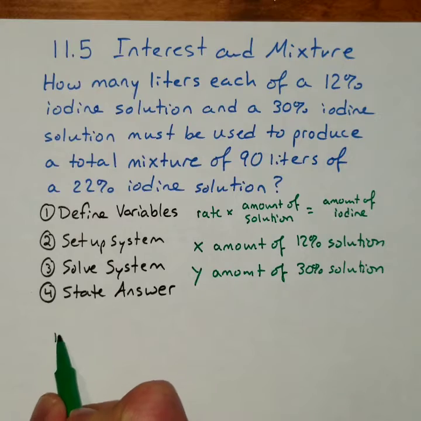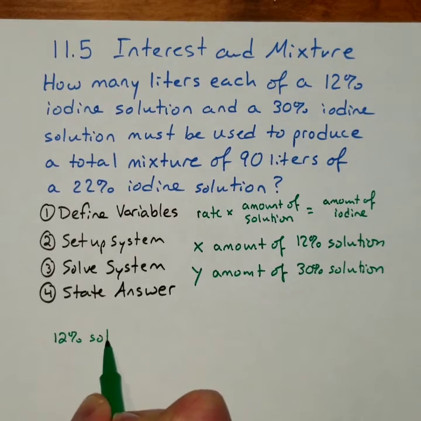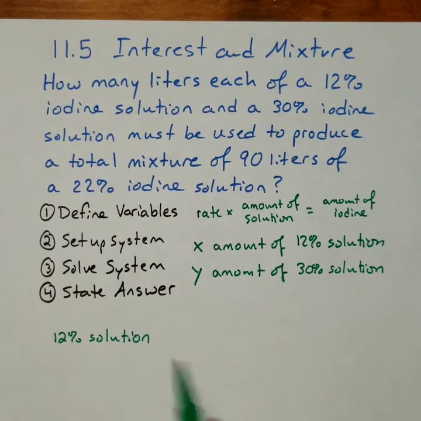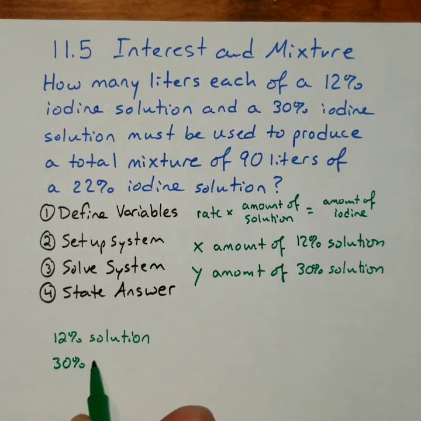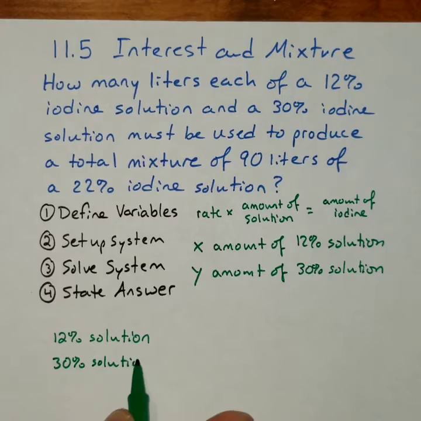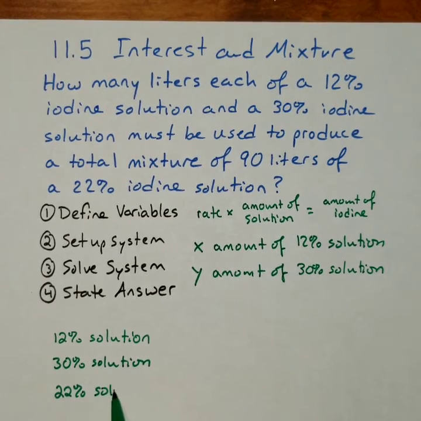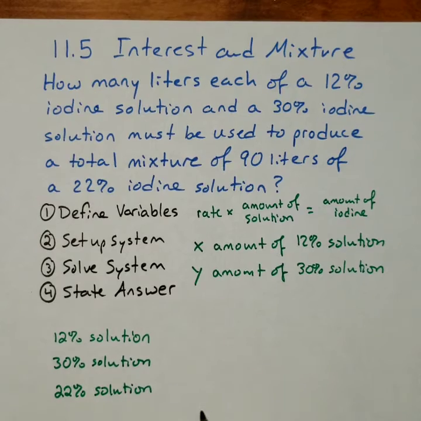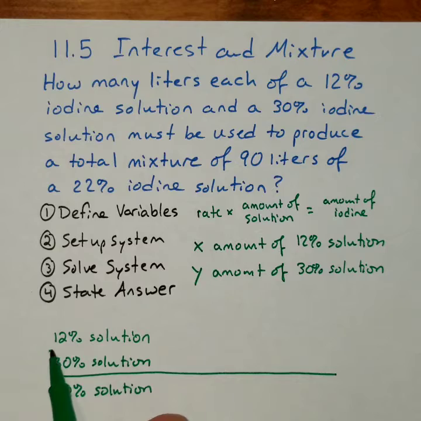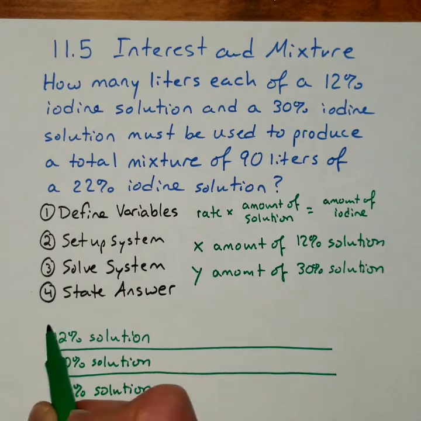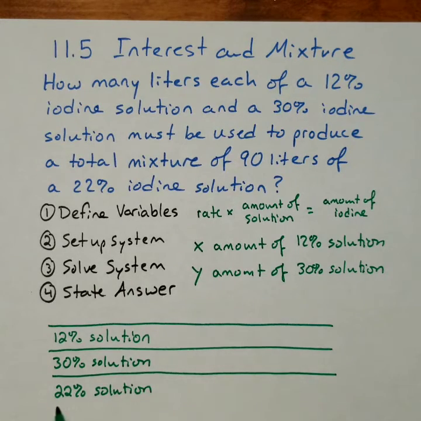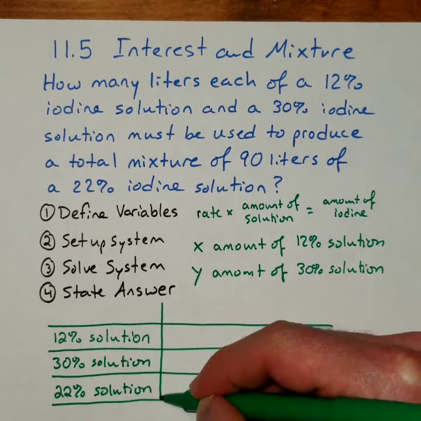So we're going to have a row for the 12% solution, a row for the 30%, and a row for the 22% solution. Now we need a little bit of space here because there's quite a bit of information to put in each of these rows.